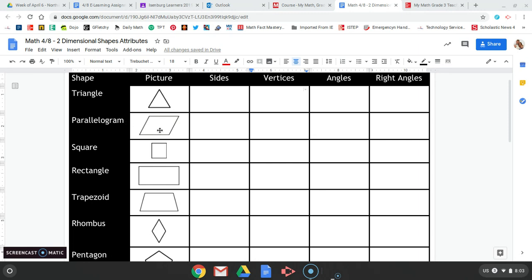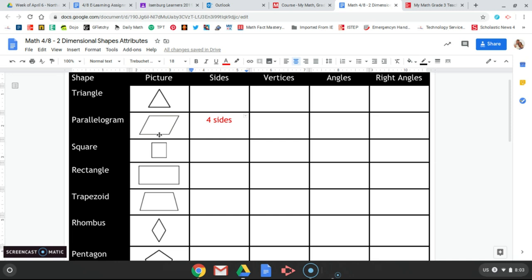So if you look at our parallelogram, the number of sides is 4. So we have 4 sides. And then what we need to know about the sides of a parallelogram is that the top and bottom are equal, the right and left are equal, okay?